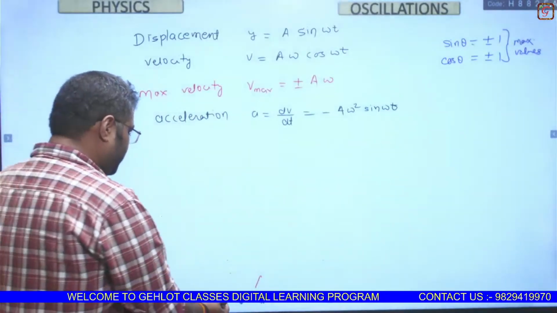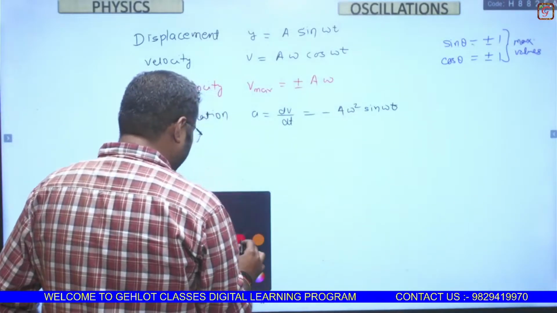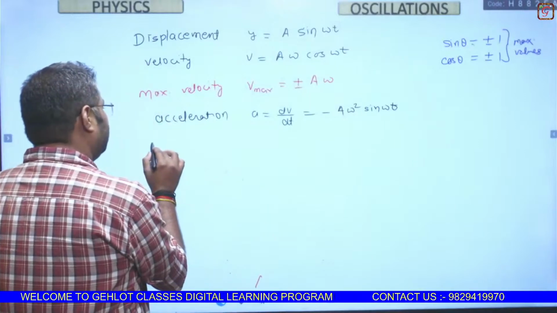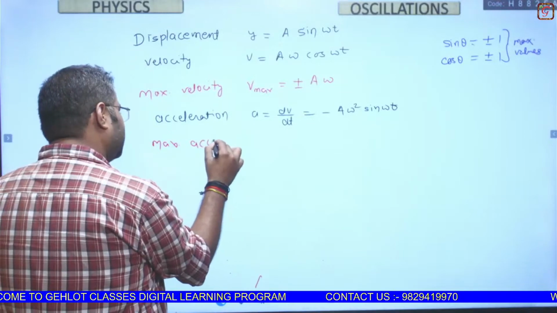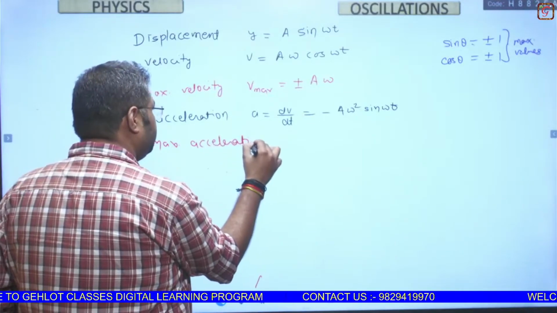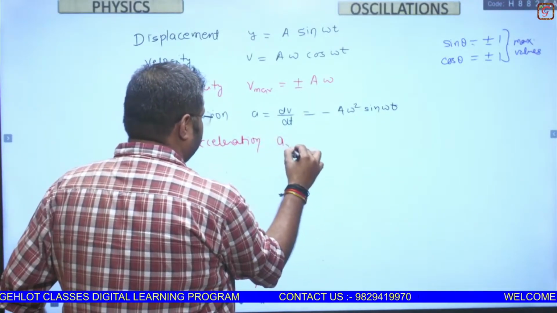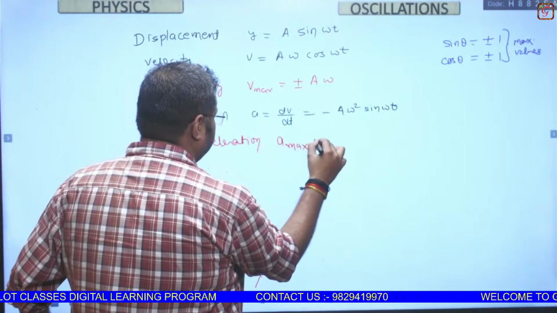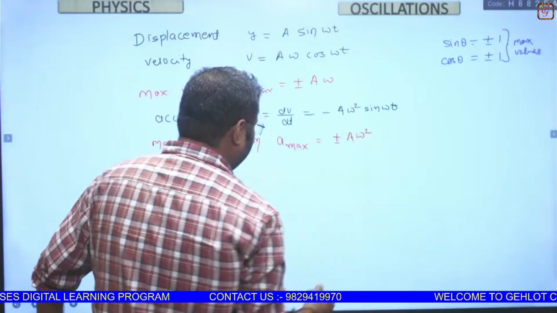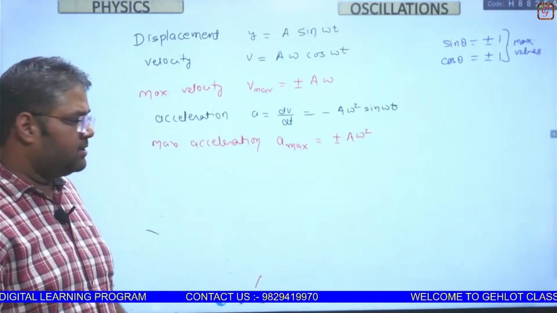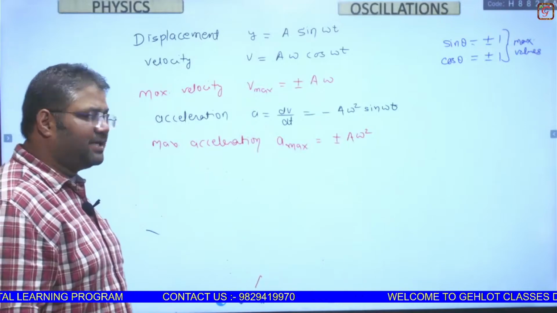Now tell me what is the maximum or extreme value of acceleration. Maximum acceleration can be written as a max = plus minus a omega square. So these are the maximum terms.